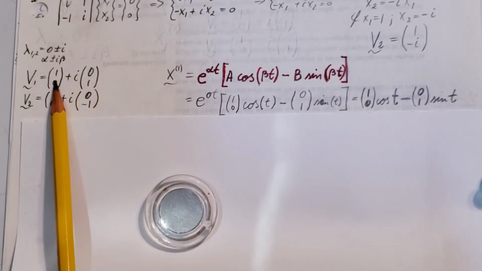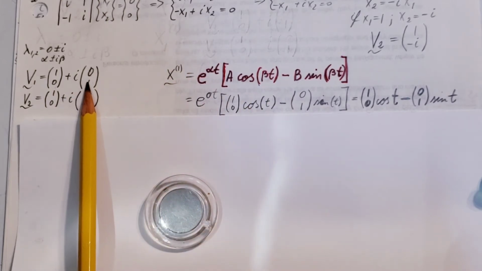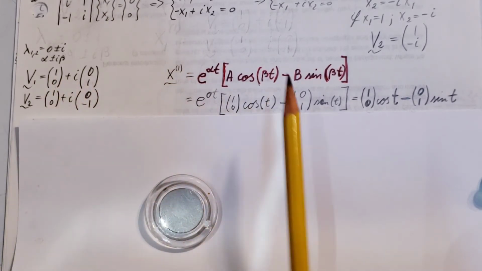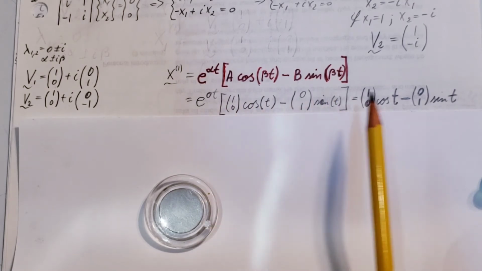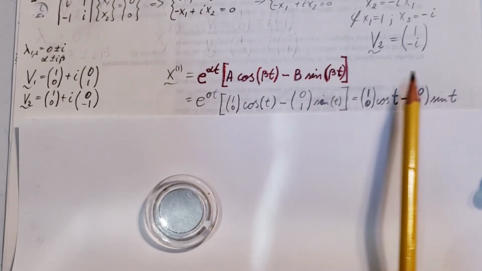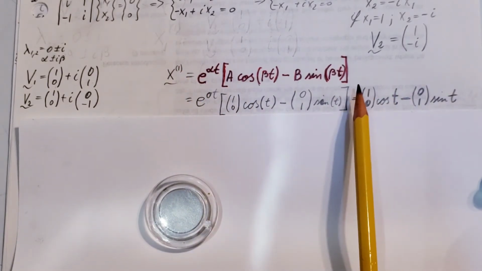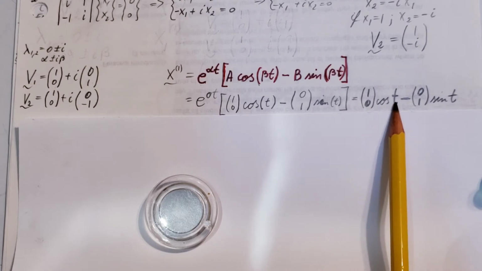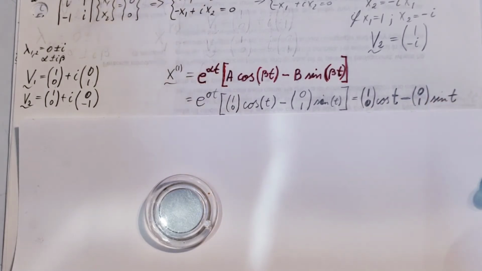A will be my real part, B will be my imaginary part, these two vectors. Plug them in, and you can actually simplify them a little bit, and this is my final answer for this x1 solution: 1, 0 cosine t minus 0, 1 sine t.